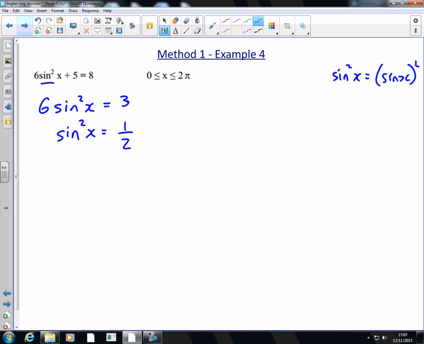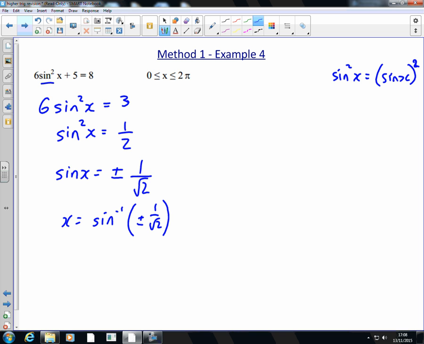So to get rid of that squared, all we need to do is square root. So sine x is equal to the square root of a half, which remember is the positive and minus of 1 over root 2. Okay, so x is inverse sine of the positive and negative 1 over root 2.